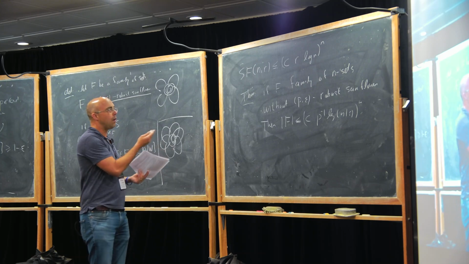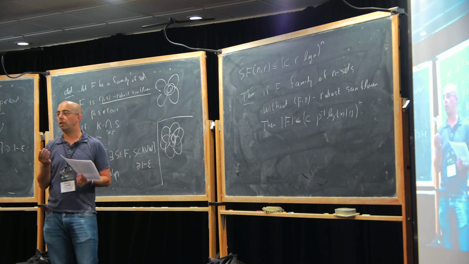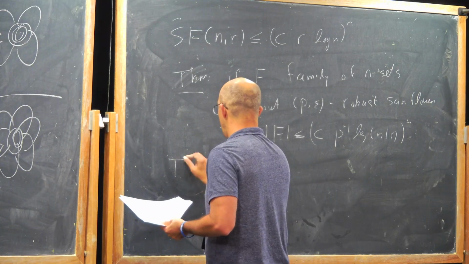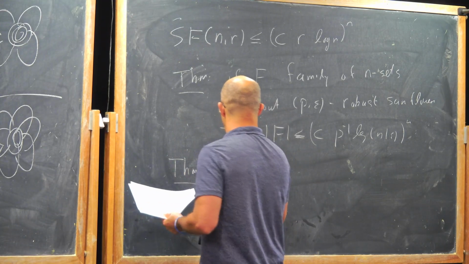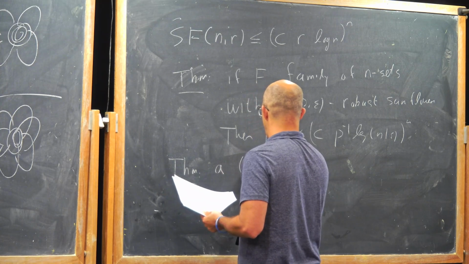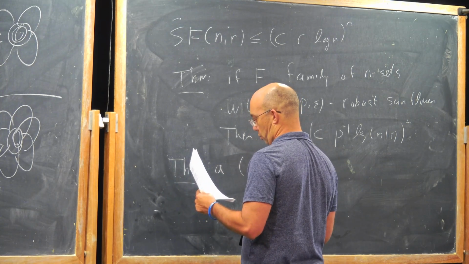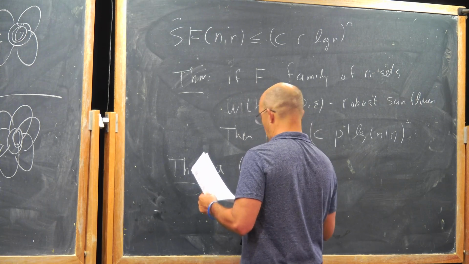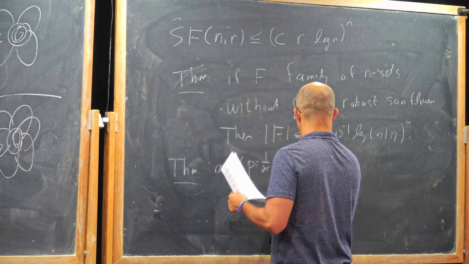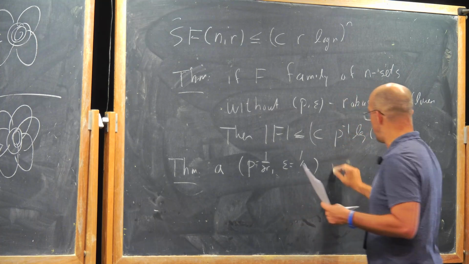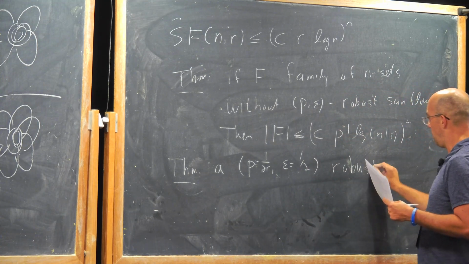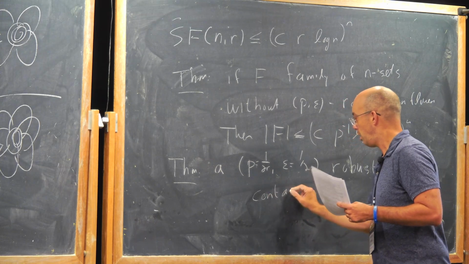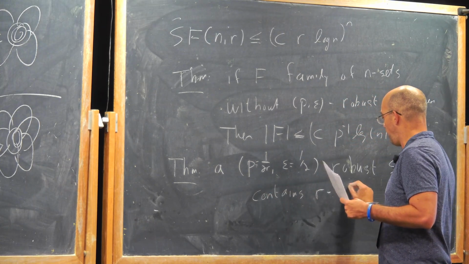So this is one theorem you can prove. But then you can ask, how is this notion of a robust sunflower related to a sunflower? So it's going to become our second theorem that says that a p, which is 1 over 2r, epsilon, which is a half, robust sunflower contains an r sunflower.